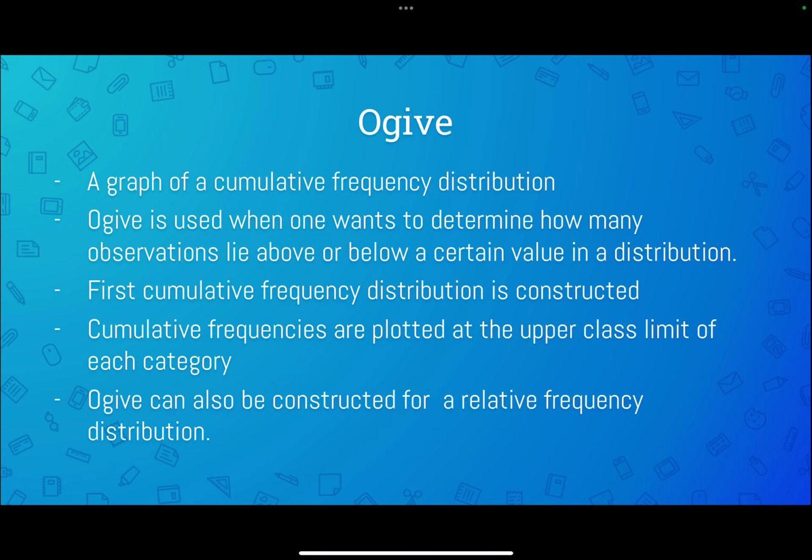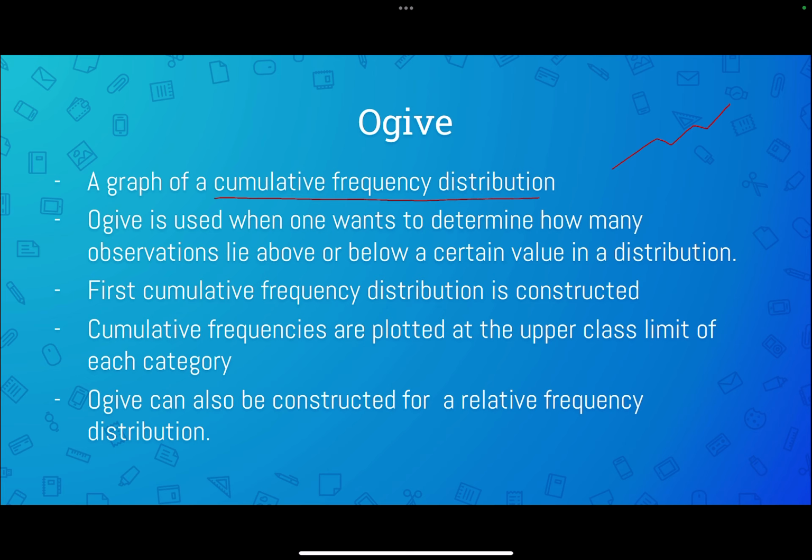An ogive is a cumulative frequency distribution. An ogive always goes up because it is accumulating. An ogive is used when one wants to determine how many observations lie above or below. First, your cumulative frequency distribution is constructed.